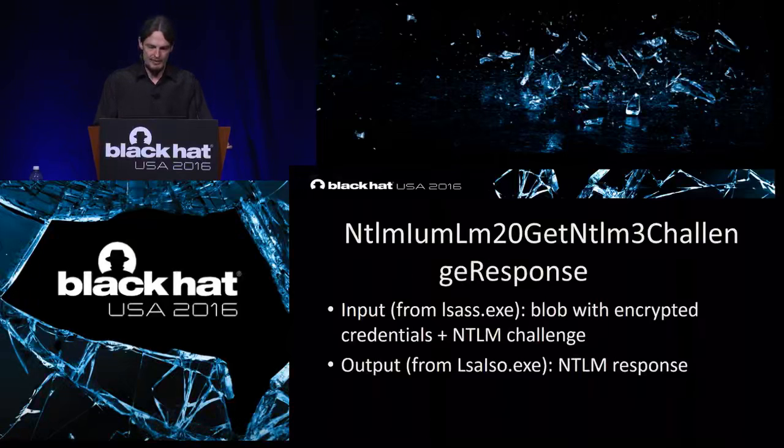LSAISO is capable of decrypting the credentials, because it has the key, and then uses them to compute the NTLM response. Then it passes the NTLM response back to LSASS, so it can send it to the server. That is how it essentially works.